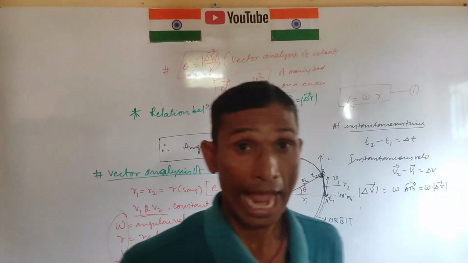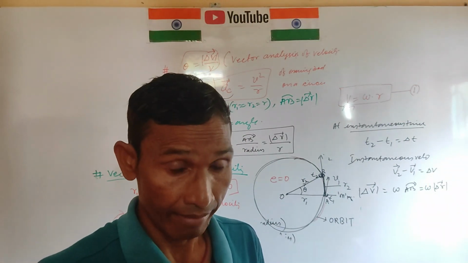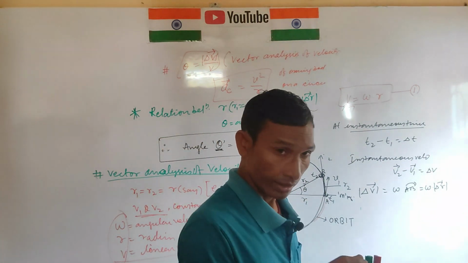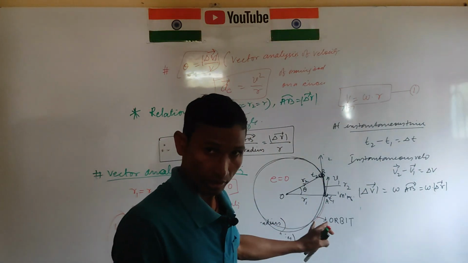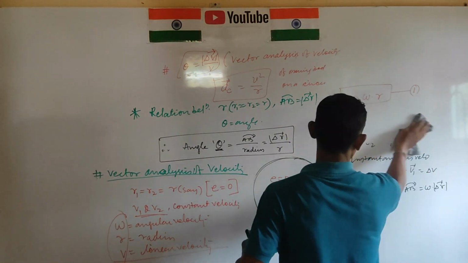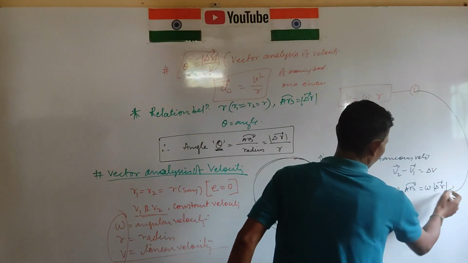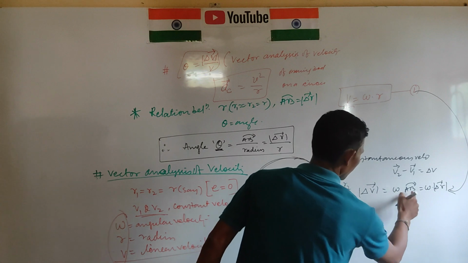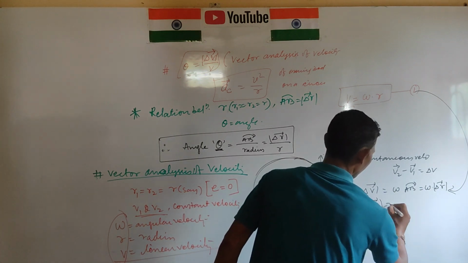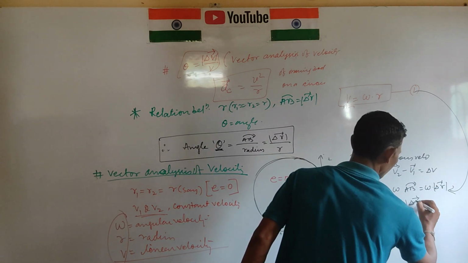And we know that at the instantaneous time, not a time period, the angular velocity of the body moving in a circular path on a fixed orbit. So here we write this equation: once again, delta v equals omega delta r.